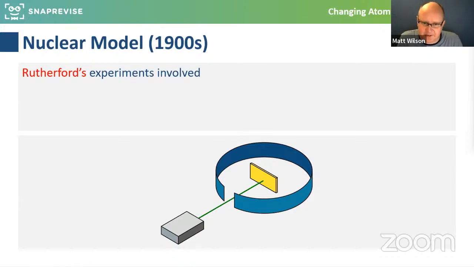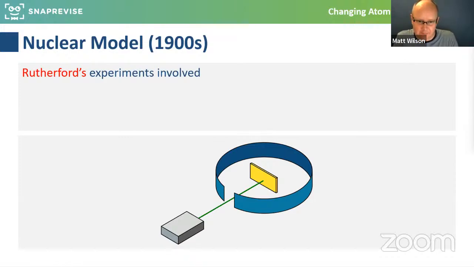Those alpha particles have a positive charge. Along with two of his students, Hans Geiger and Ernest Marsden, who often don't get credit for this experiment, he directed alpha particles, these radioactive particles with a 2+ charge, at thin gold leaf in an evacuated chamber, so in a vacuum.